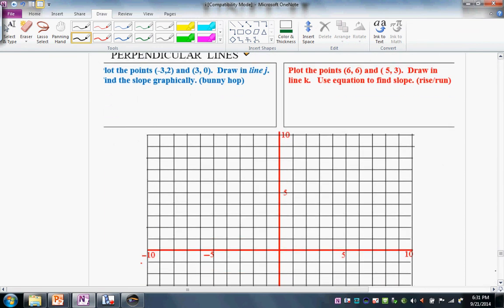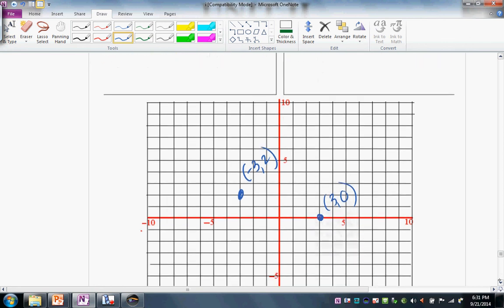Now we're going to go through a similar process. Let's plot negative 3, positive 2. And 3, 0. Draw on your line. And again, we're going to find the slope graphically here, which means we're just going to bunny hop it.